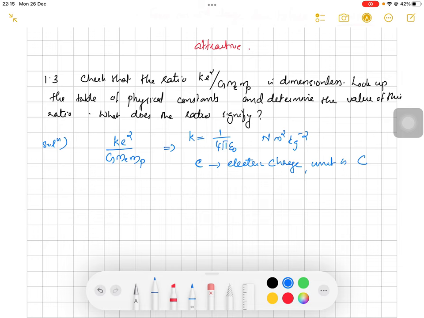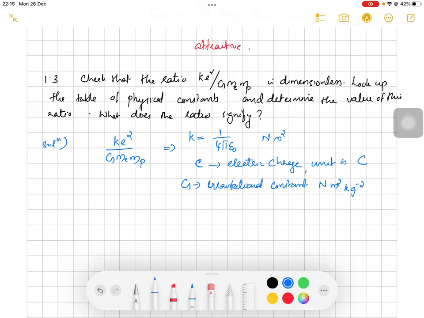G is the universal gravitational constant, whose unit is Newton meter square per kilogram square. Sorry, for the unit of K, it is Newton meter square per Coulomb square.